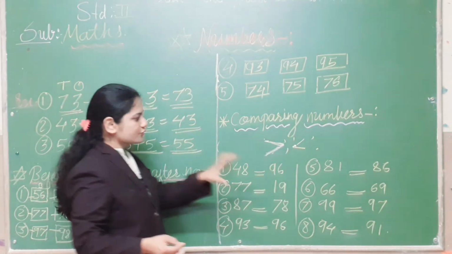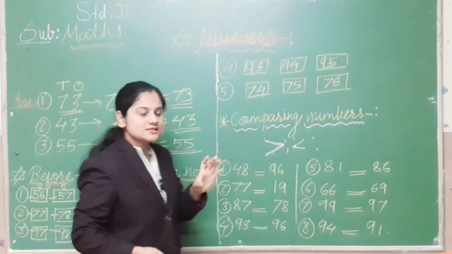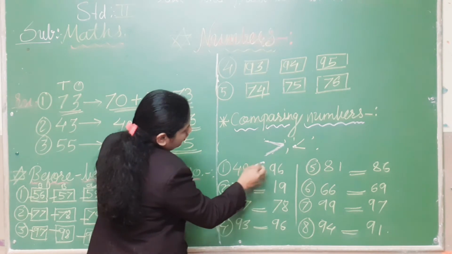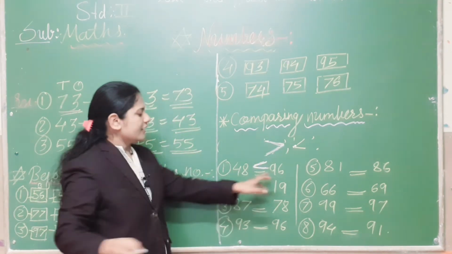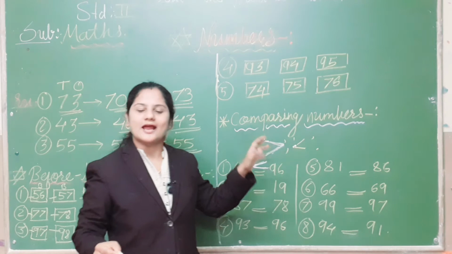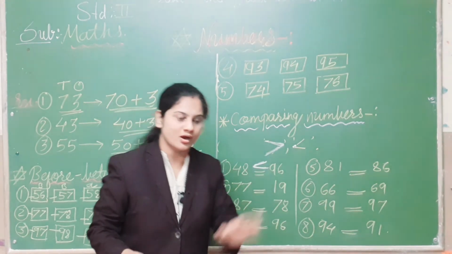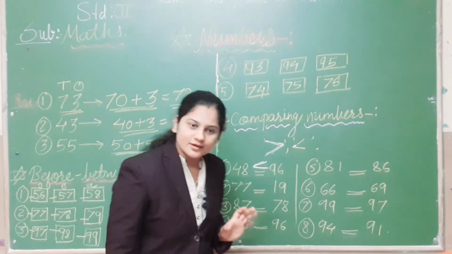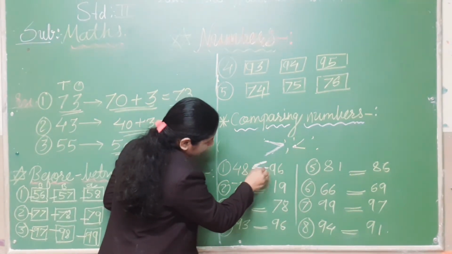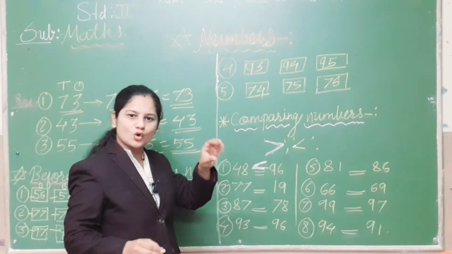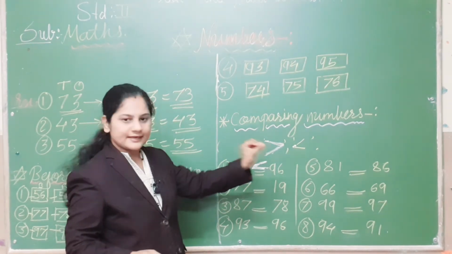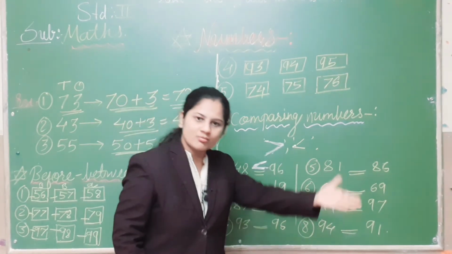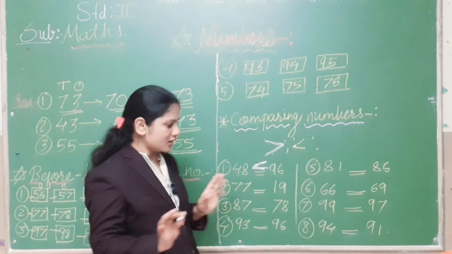You have to use the closed arrow towards 48, and the open arrow towards 96, which means 96 is the greater number than 48. That's why we give the sign like this: smaller number, closed arrow, and greater number, open arrow. 96 is the greater number and 48 is the smaller number.